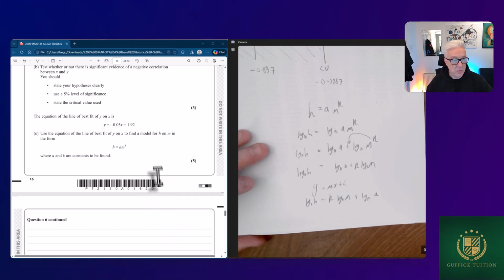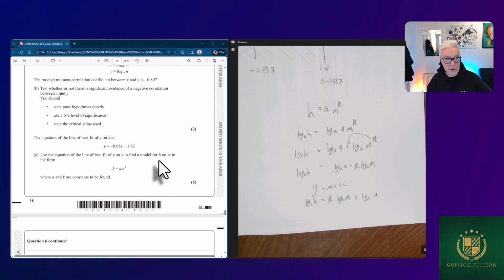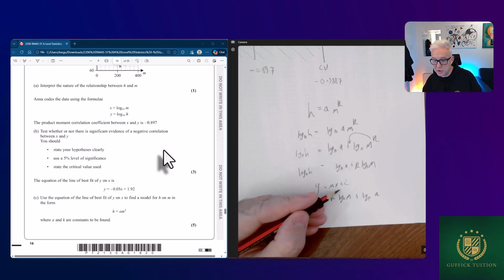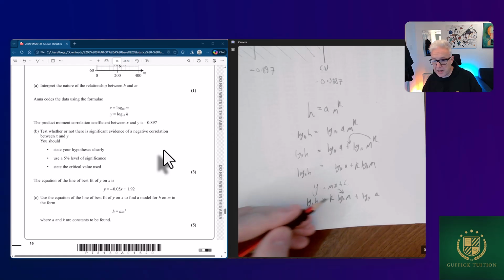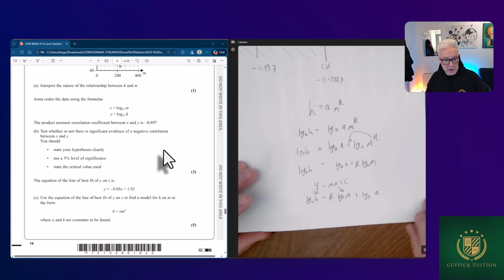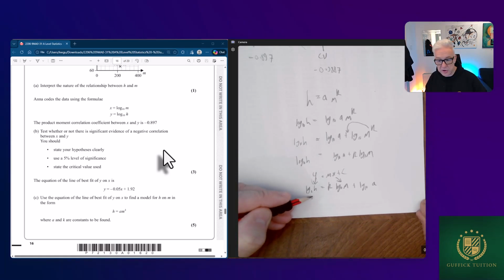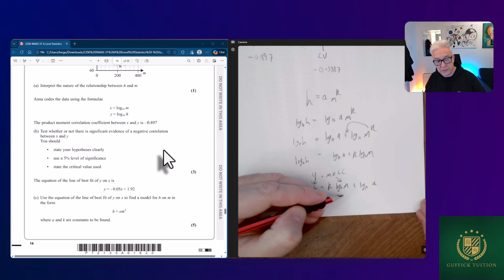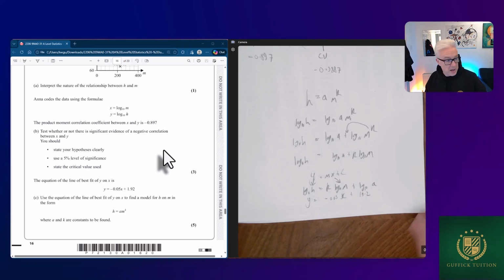Perfect. So now we can draw a direct comparison. Let's just check those codings. Yes, x is log to the base 10 of m, and y is log to the base 10 of h. So we can compare that with what we're given in the question: y equals minus 0.05x plus 1.92. We can use this to work out our values of k and a.